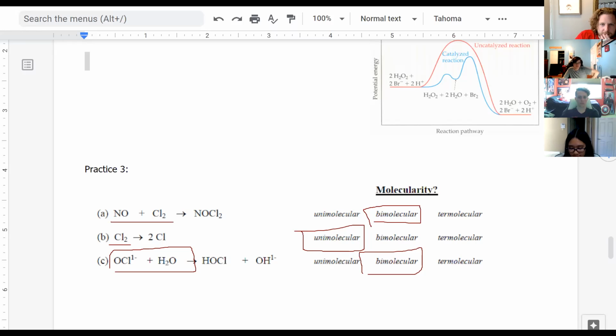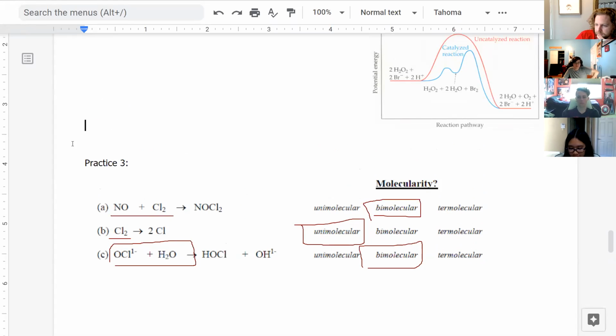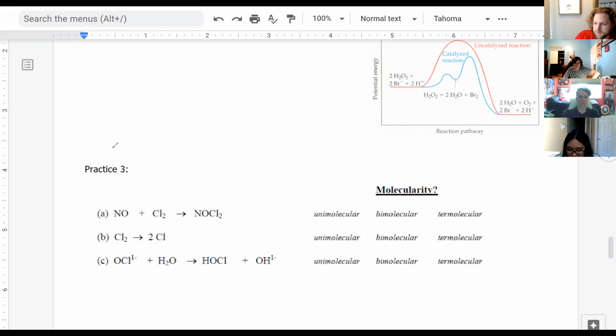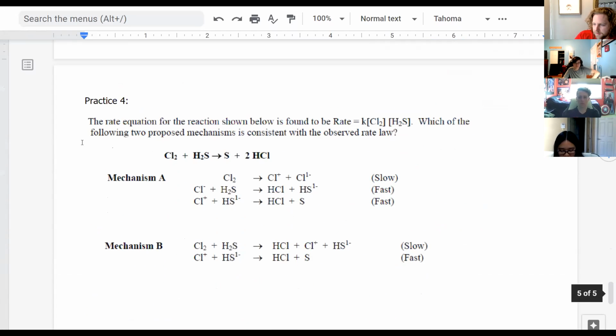Let's take a quick look at this last one so we get some context. These would be all elementary steps, by the way, of their own mechanism. This doesn't necessarily add up to a different mechanism. Let's do this, and I want to move on to another set. Okay.